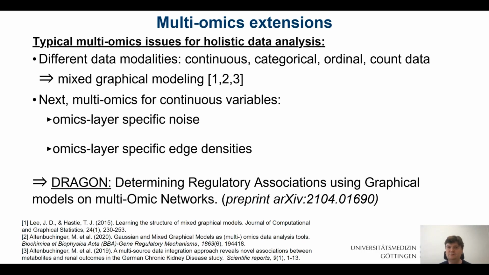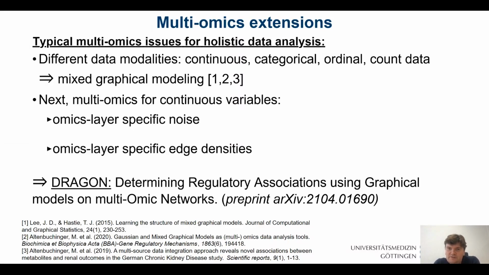And I just want to give you an idea what these issues are. So for instance, in multi-omics, we might deal with very different data modalities. So we might have continuous data like gene expression, or gene expression could also be incorporated as count data, so if I really count transcripts, or I have something like categorical data, so for instance, mutations, or it could even be something ordinal.